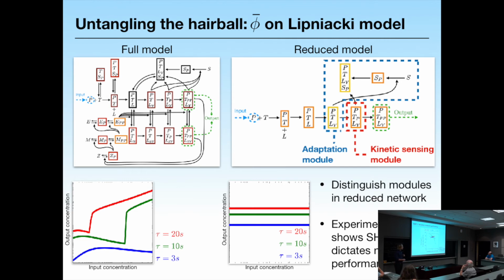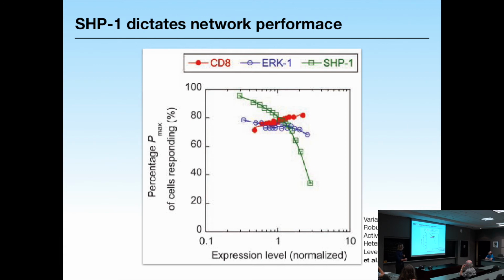So here's experimental data where people have been measuring the number of T cells that are responding at some normalized level, compared to normalized expression levels. For each of these members, CD8 is the number of receptors on the surface of the T cell.